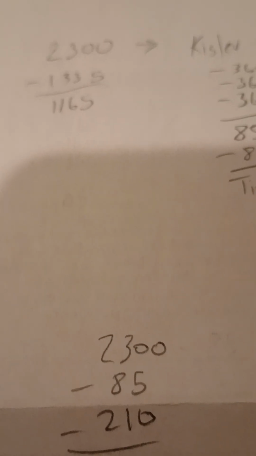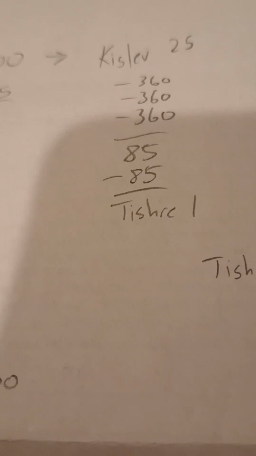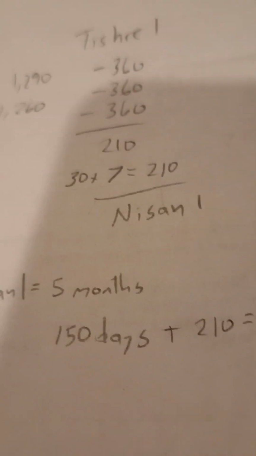And the craziest thing about it is if you take the 2,300, the original figure, that was the number of days it took to rededicate the temple. 2,300 minus this last 85, minus the last 210 from here, you come up with 2,005.